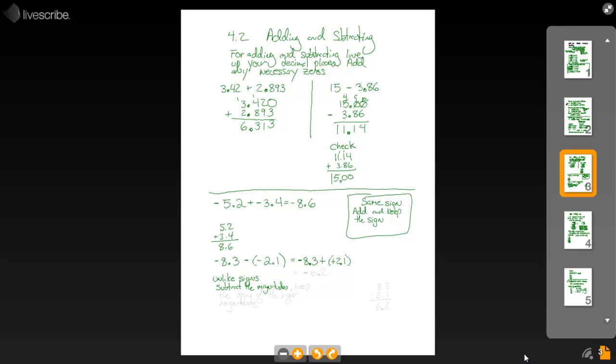And what that would look like would be 8.3 minus 2.1, which is, I think, 6.2. And then with 6.2, how do we decide if it's positive or negative 6.2?